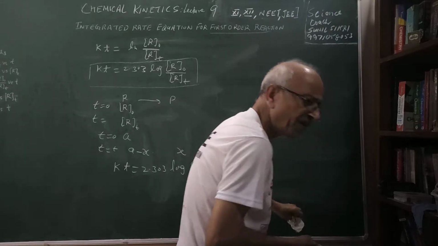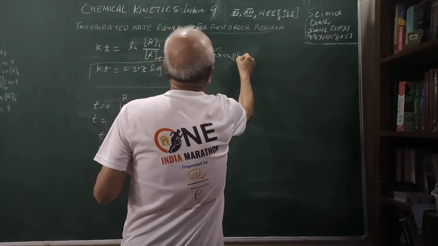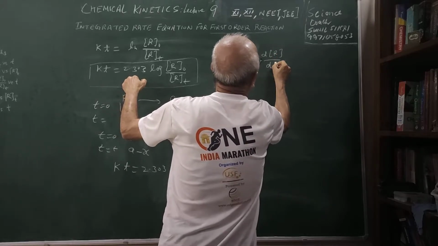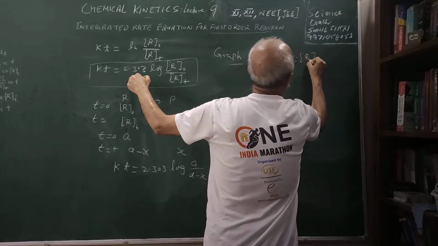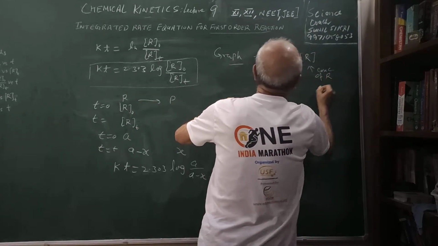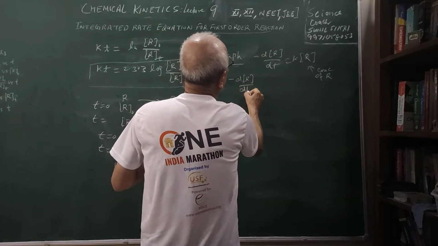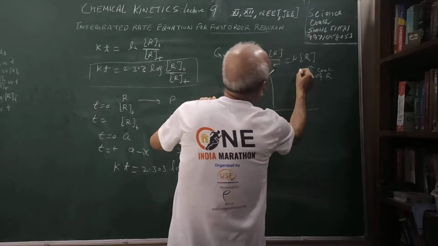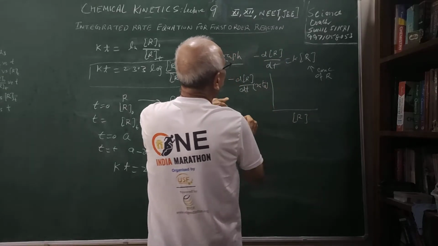Another graph which looks to me from this is the rate, minus dR by dt, which is proportional to the concentration of the reactant. This is the concentration of my R. So if I plot a graph of minus dR by dt, which is nothing but the rate, versus concentration, what type of graph are we getting, students?